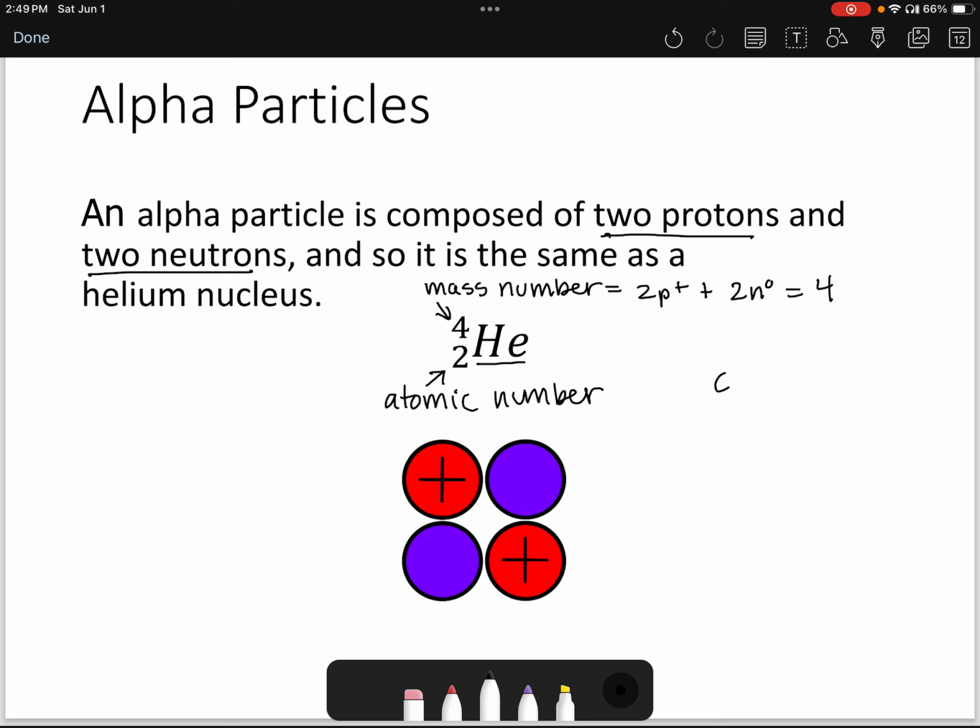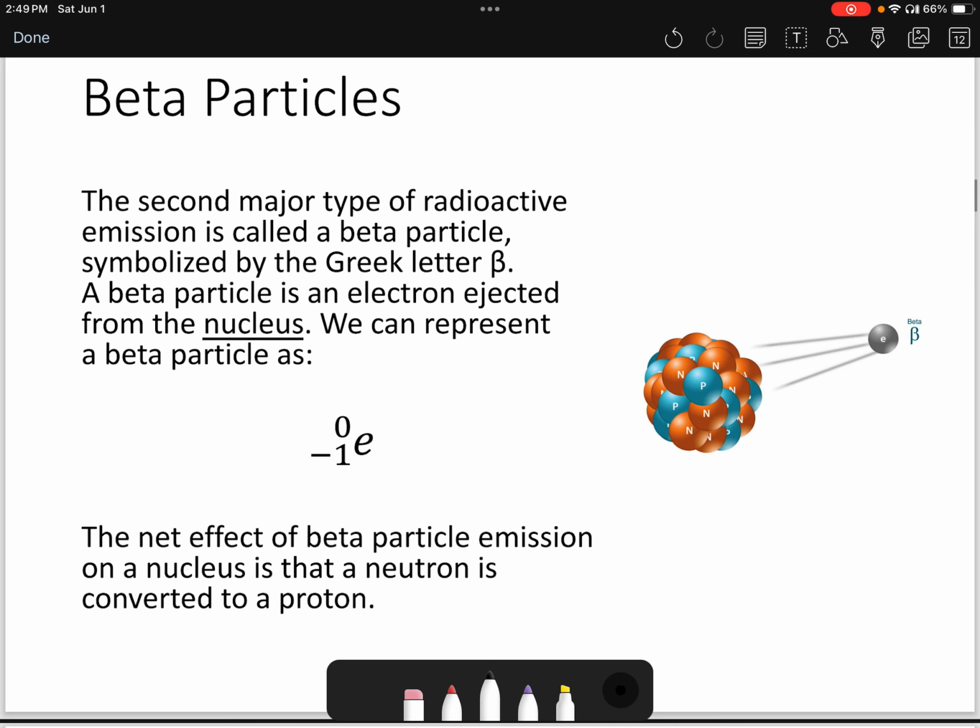Sometimes you can write this as just an alpha symbol instead of the helium symbol, and you can still show the mass number and the atomic number. So sometimes you'll see it written that way. Now, beta particles are the second major type of radioactive emission, and beta particles are equivalent to electrons. So we represent a beta particle as e for electron. Remember, electrons don't have a lot of mass.